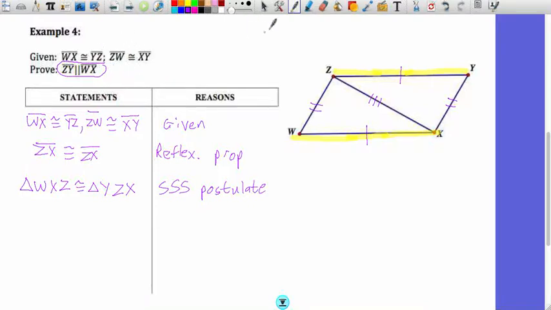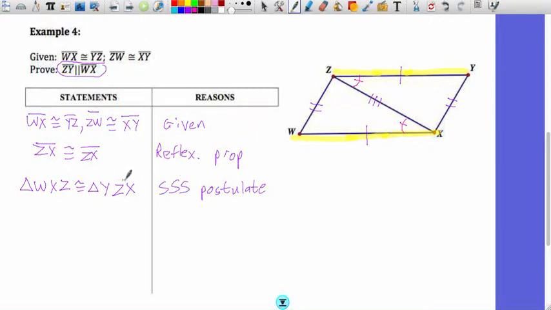What it does allow us to do, however, is to conclude that angle YZX and angle ZXW are congruent. If we have a look at the congruency statement, that should hopefully be obvious.